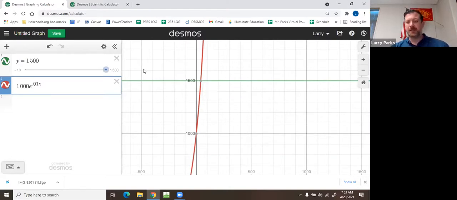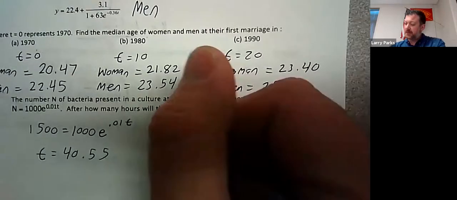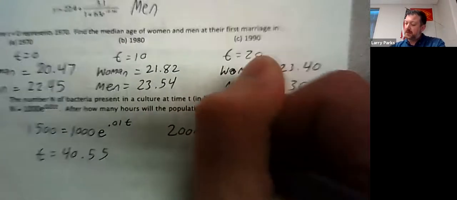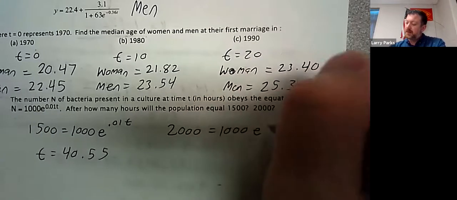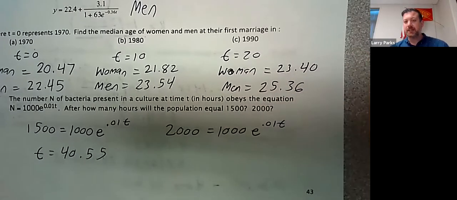How about 2,000? That was the next question. So when does this equal 2,000? So I just need to go and look for 2,000 now.